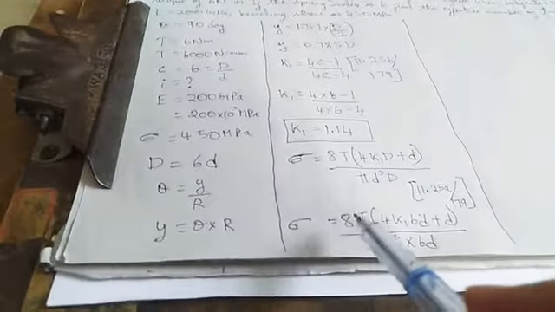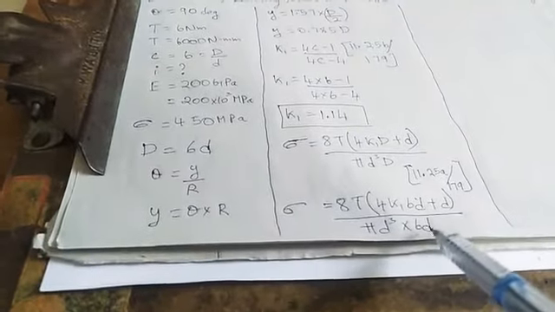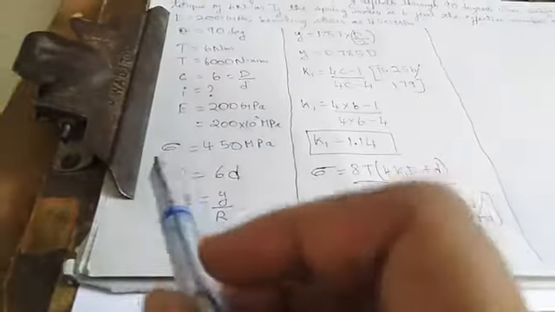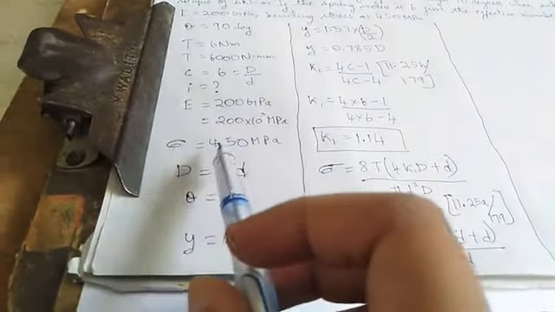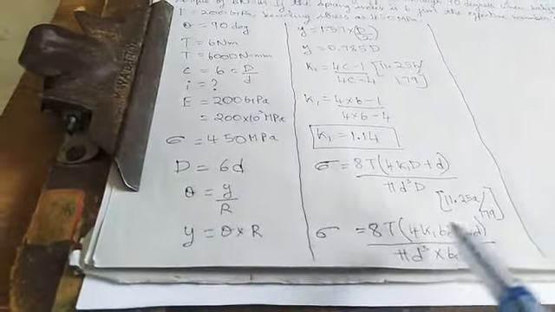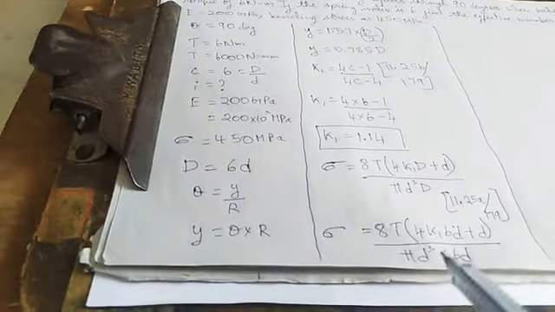Now we can find the value of small d, the wire diameter. In the question they have given the induced stress as 450 MPa. So we can substitute all the values and easily find the value of small d.